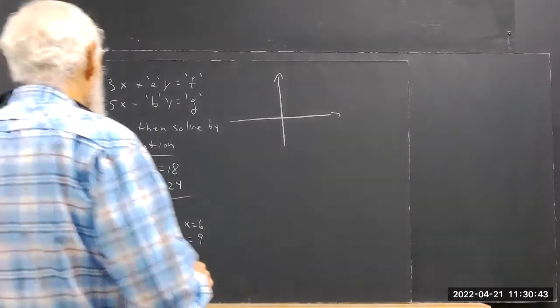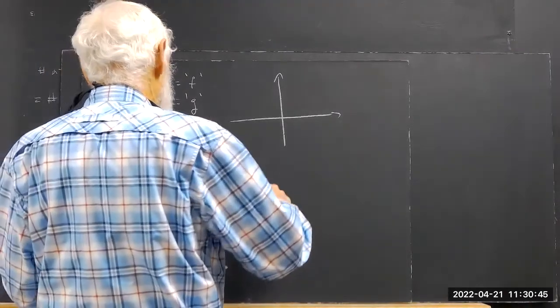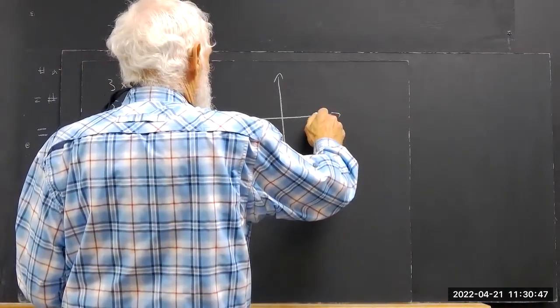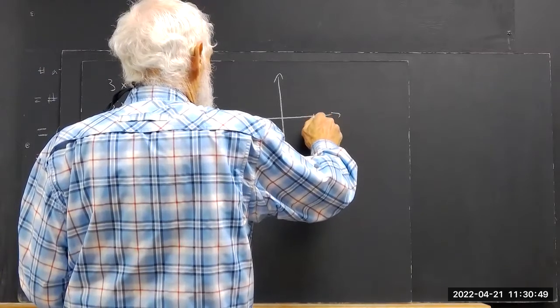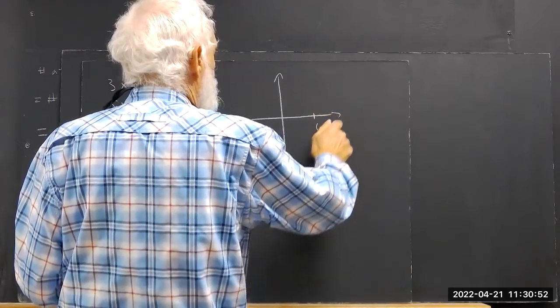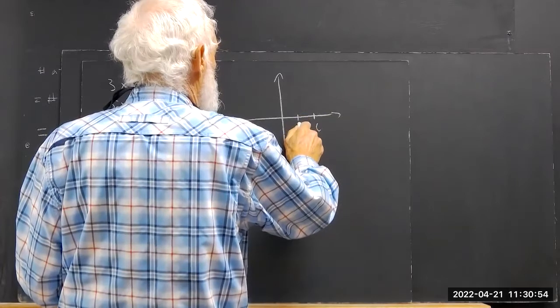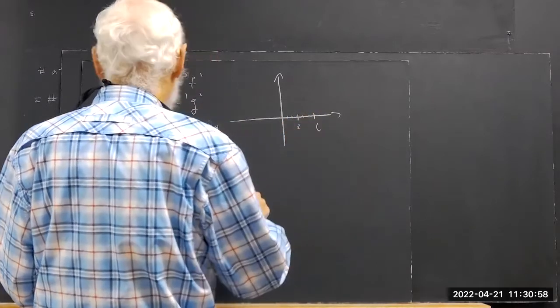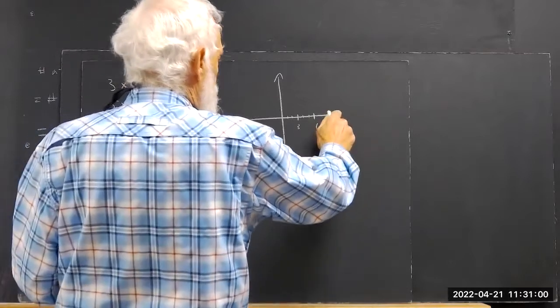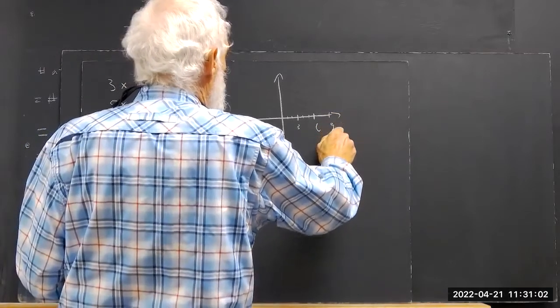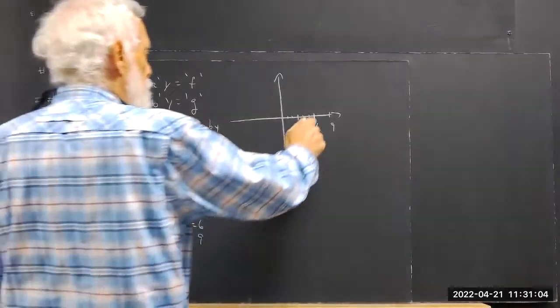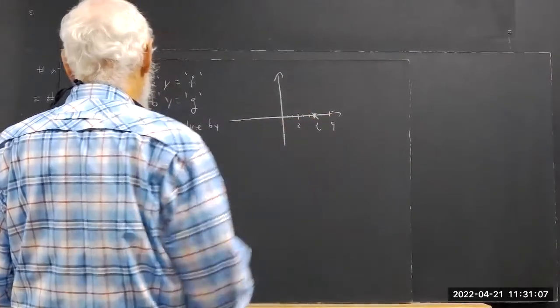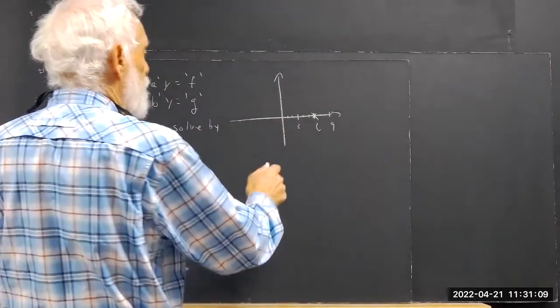So we want to come out at least to x equals 6 and probably a little beyond. So let's put 6 right here, which means 3 would go here. So we have 1 and 2 and 4 and 5. And 9 would be out about here. We have this point, and then y equals 9.